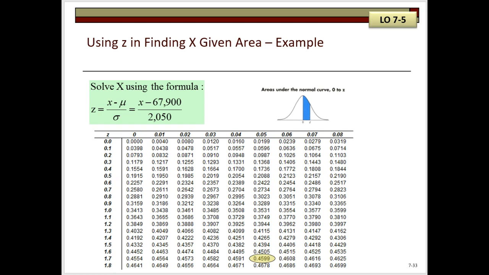In the table, the closest area to 0.4600 is 0.4599. This is the equivalent to a z-score of 1.75. But because the unknown x value is to the left of the mean, the corresponding z-value is actually negative 1.75.